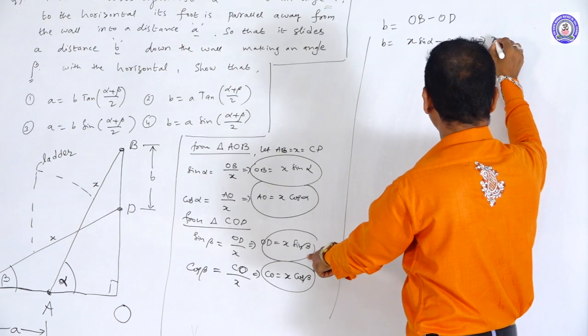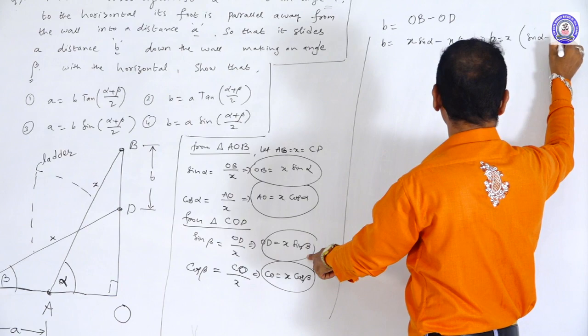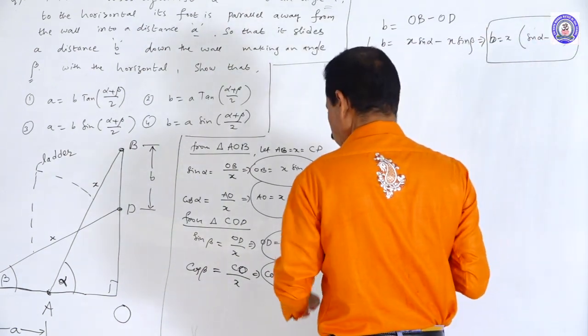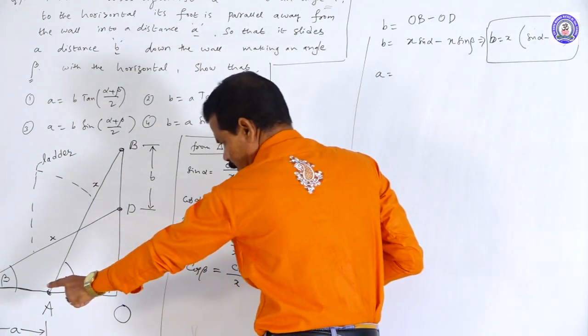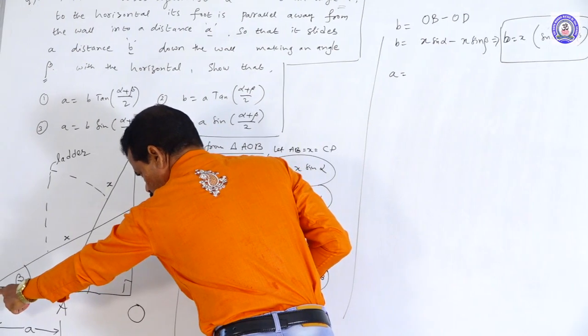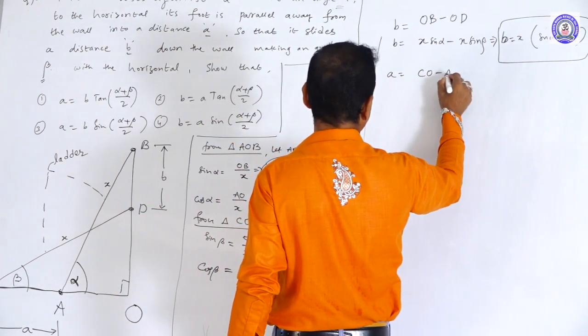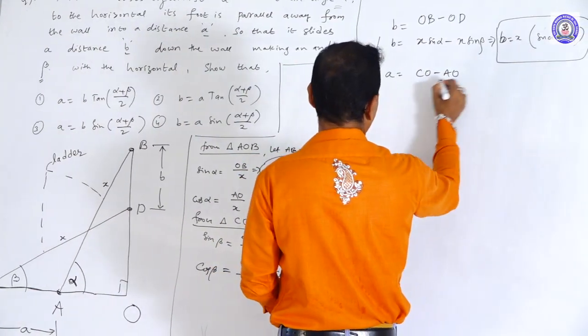So B is equal to X, common, times sin alpha minus sin beta. This is one relation. Similarly, the A value. A is equal to CO minus AO. What is CO? CO is equal to X cos beta.